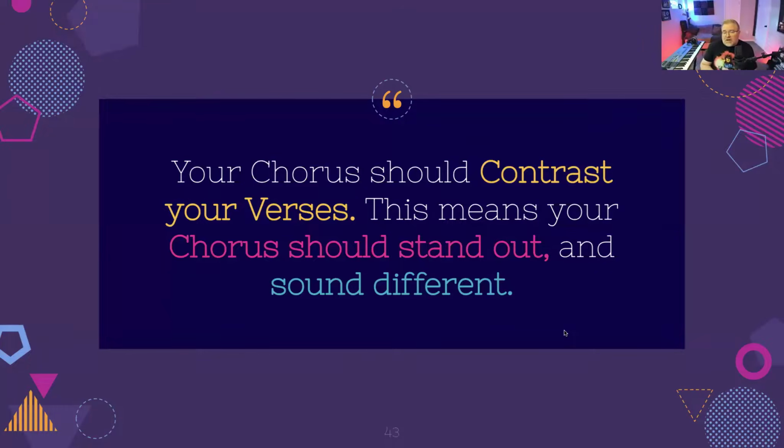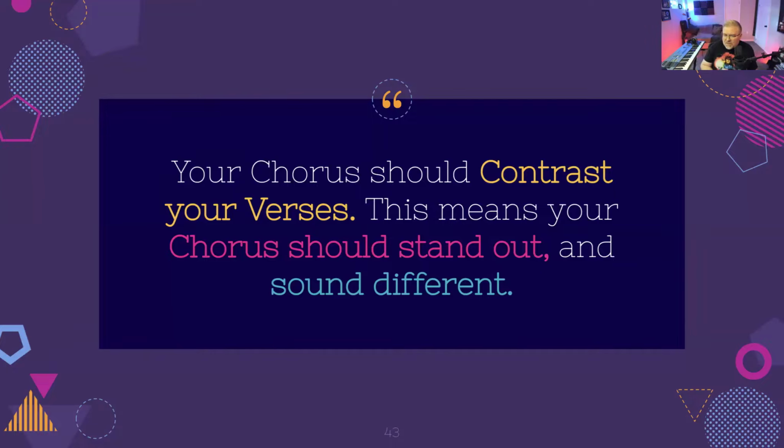So now when we talk about choruses compared to verses, one of the things that you should aim for as a writer is to try to have your chorus contrast your verse. So this means your chorus should stand out and sound different than your verse.